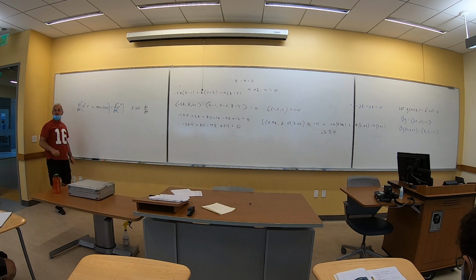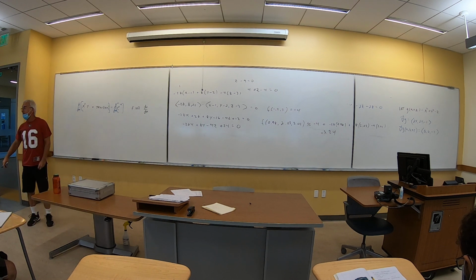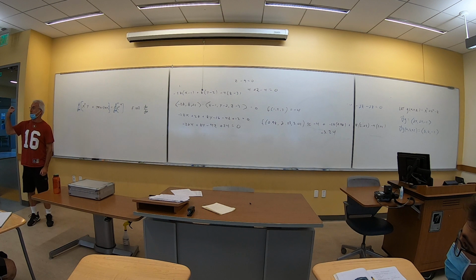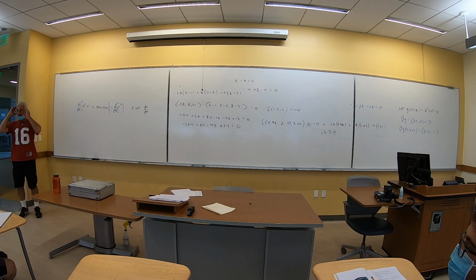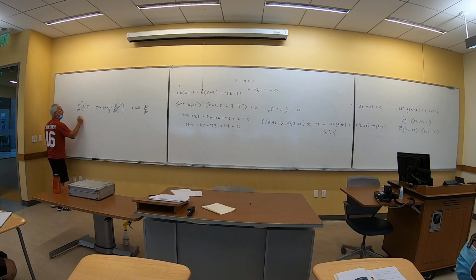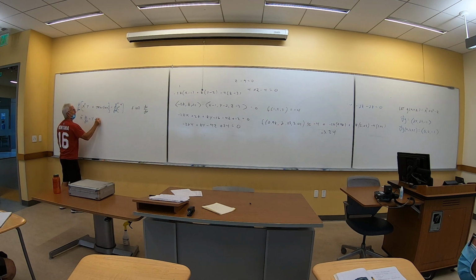Y is not a variable. If y is a variable, then every time I take a derivative with respect to x, I'd have to get 0, wouldn't I? This isn't Calc 3 yet. I'm assuming y is a function of x. So when you see y, think f of x. Don't see variable, see function. So first times derivative of second plus second times derivative of first.